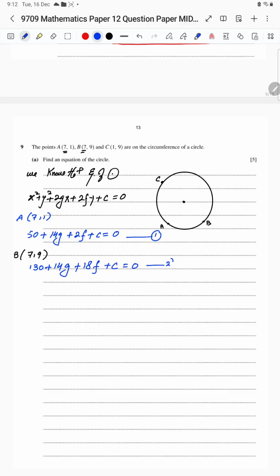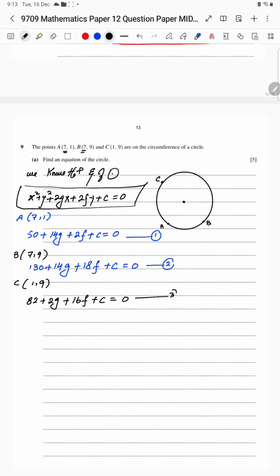This is equation number 2. Third, at the C point, which is 1, 9. So 1 square is 1, I'm substituting this value here in the formula, plus 9 square is 81, so it will be 82 plus 2g plus 16f plus c equal to 0. This is equation number 3.